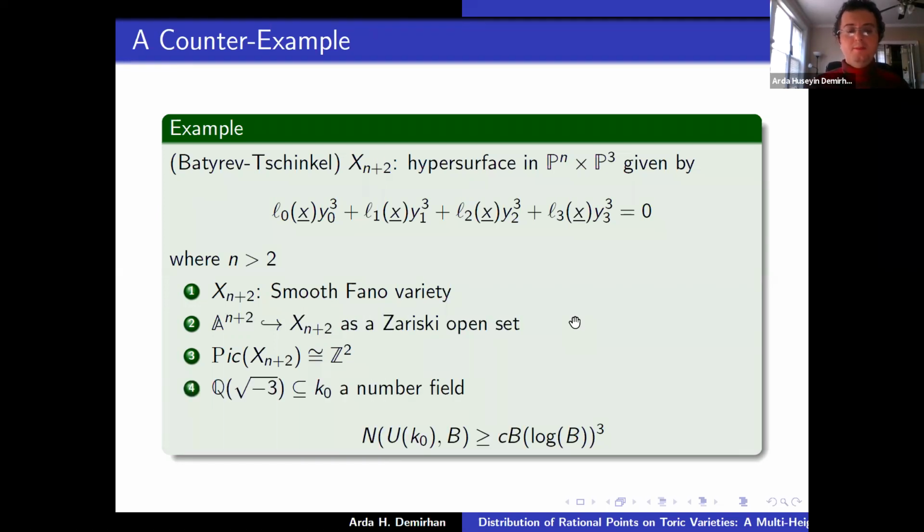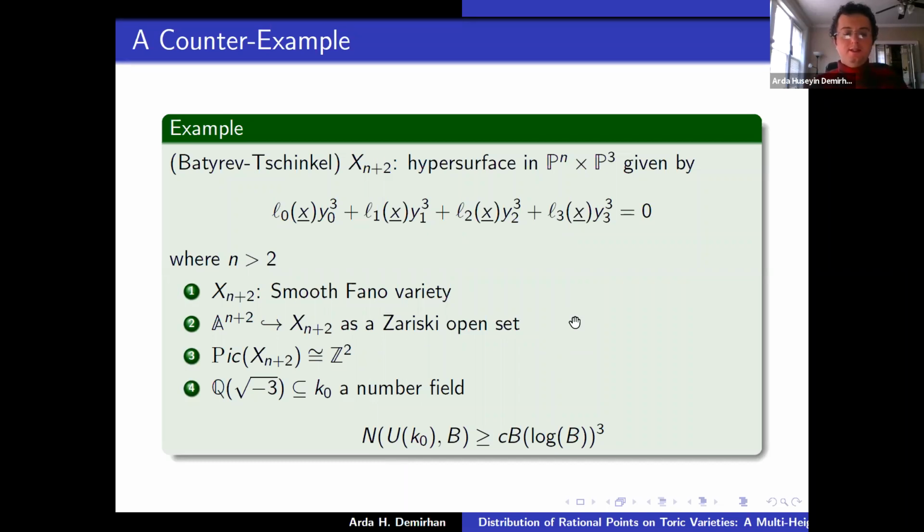And most importantly, there exists a number field K_0, which depends on U itself, and it contains the imaginary quadratic field Q(√-3), such that for every field extension k of K_0, we have the following formula: the number of k-rational points of U with height bounded by B is bigger than or equal to a constant times B (log B)^3.